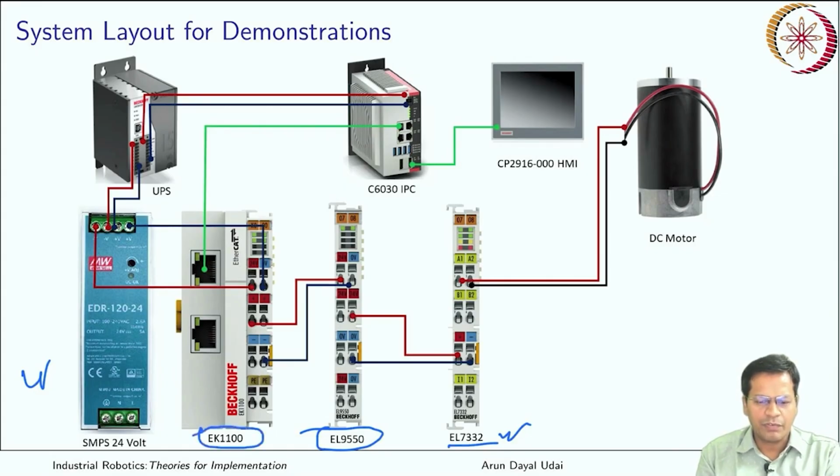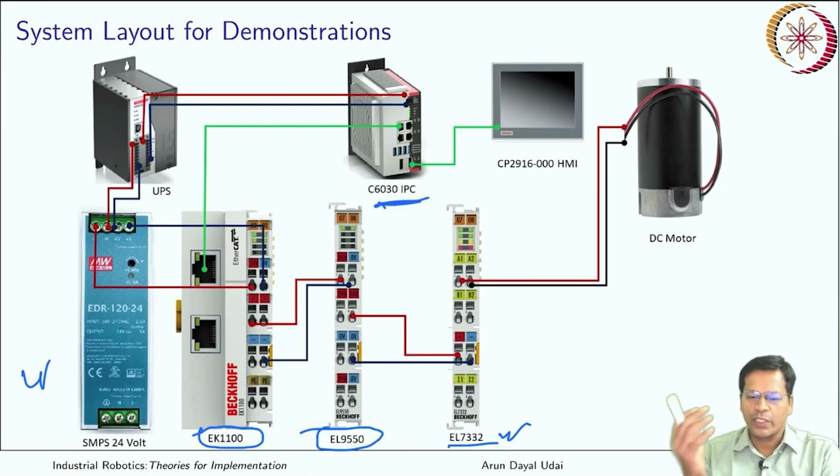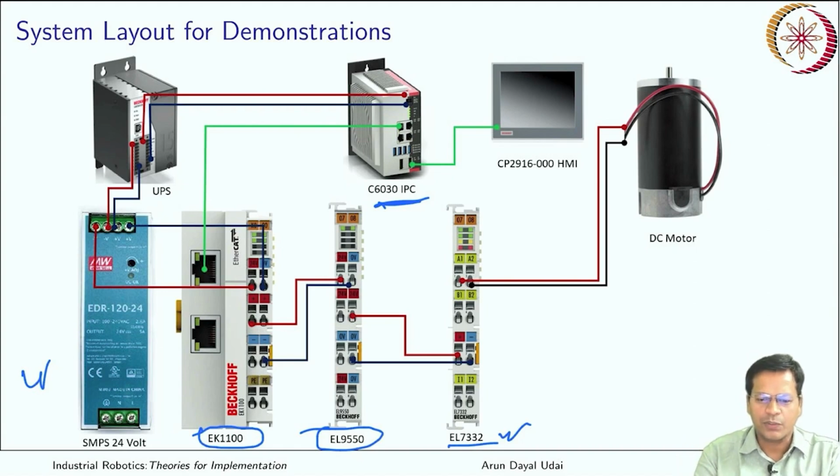So this is the Beckhoff coupler. This coupler takes in data from your industrial PC, which is here, and the PC has the Python program with TwinCAT running. TwinCAT is the application layer over the Windows IoT version that I had. It can also be installed on Windows CE.